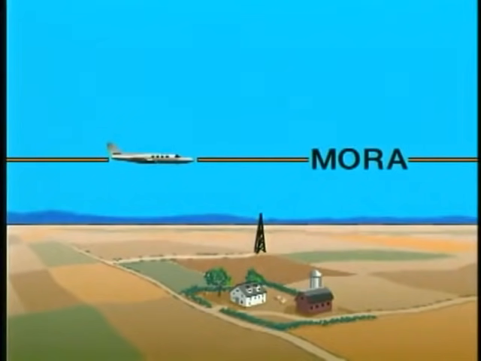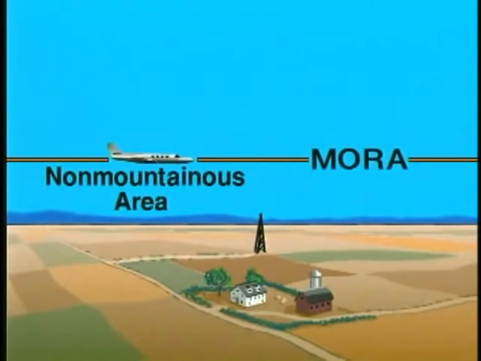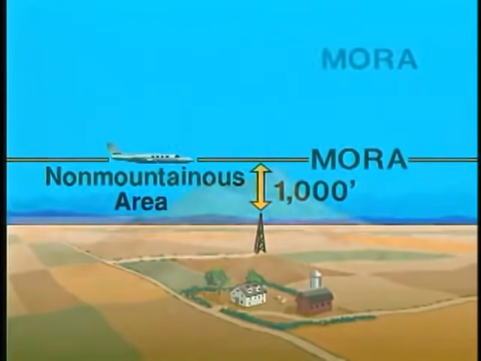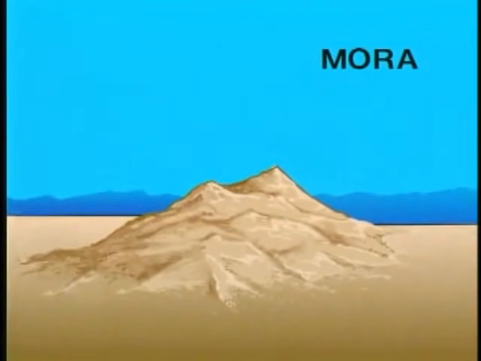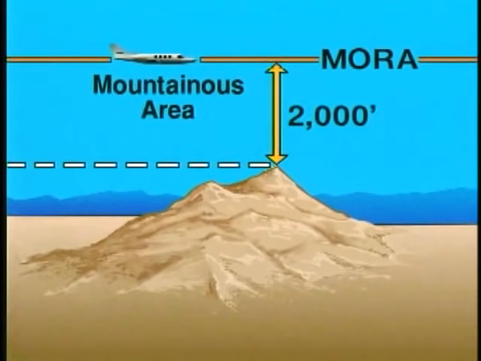If the highest natural or man-made object within the grid is in a non-mountainous area, the minimum off-route altitude provides you with at least 1,000 feet of clearance. When the highest object or terrain is in a mountainous area, 2,000 feet of clearance is provided.